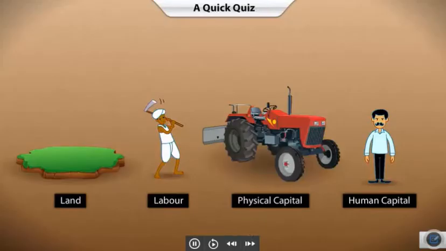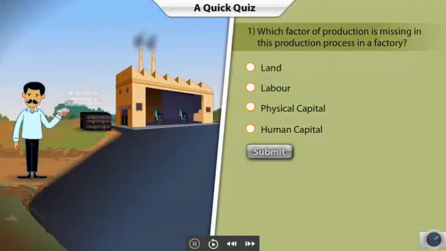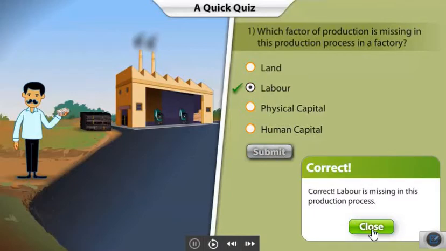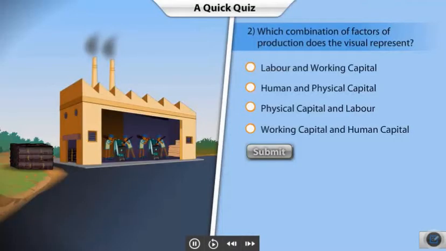Let's take a quick quiz to recall the different factors of production. Which factor of production is missing in this production process in a factory? Look at the picture and identify which combination of factors of production does the visual represent.